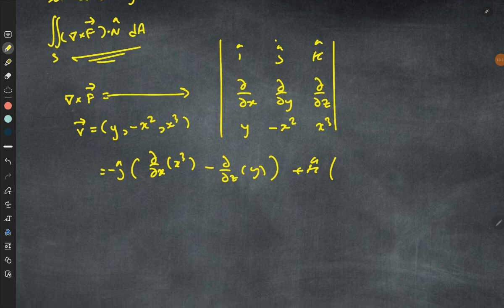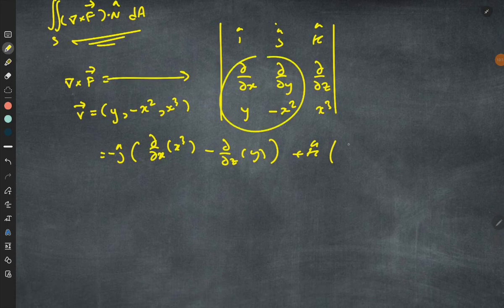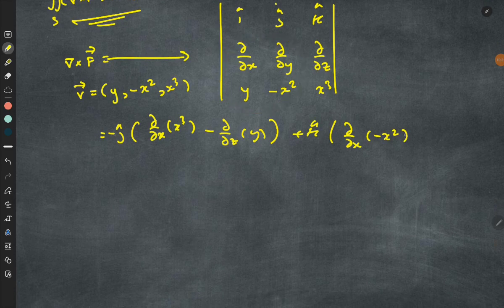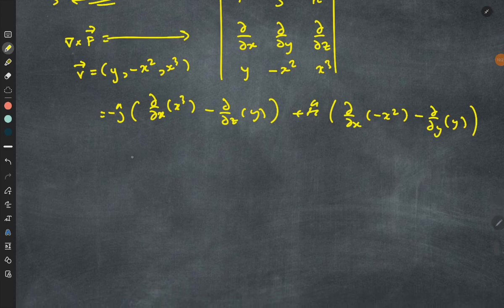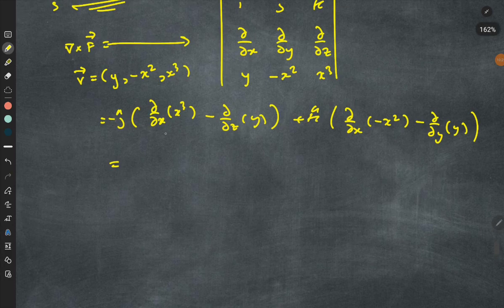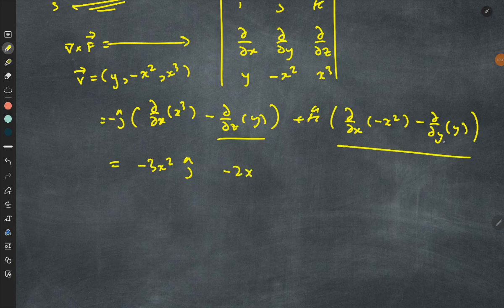See what k hat has to offer. Okay, that's not 0, obviously. So this works out to be 3x cubed. That works out to be 0.